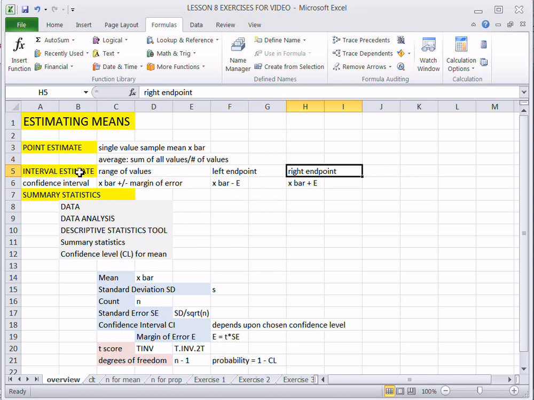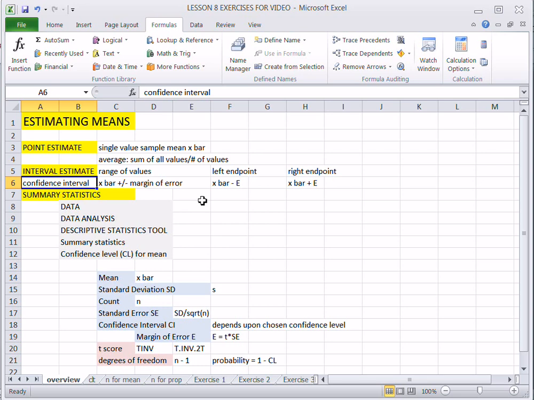Now this answers the question, how good is our point estimate, because we construct this interval estimate based on a confidence level. So that confidence level would tell us how good, and because we use a confidence level to compute this interval estimate, it is often called a confidence interval.